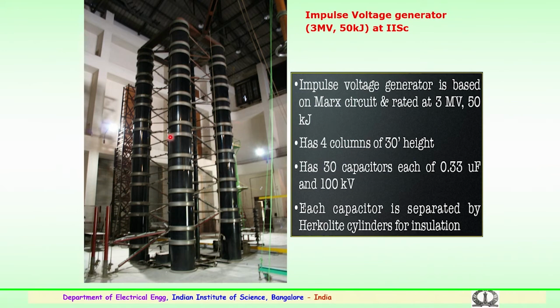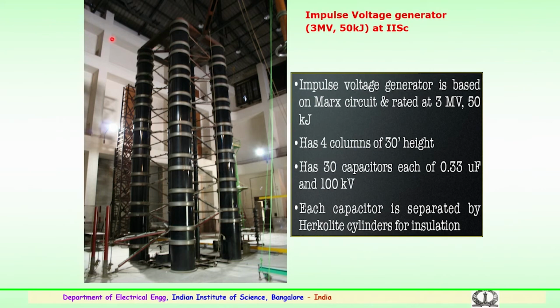This generator at IISc has 4 columns of capacitors with 15 stages. Each stage output is 200 kilovolts. So, 15 stages into 200 kV gives 3 million volts for the lightning impulse.